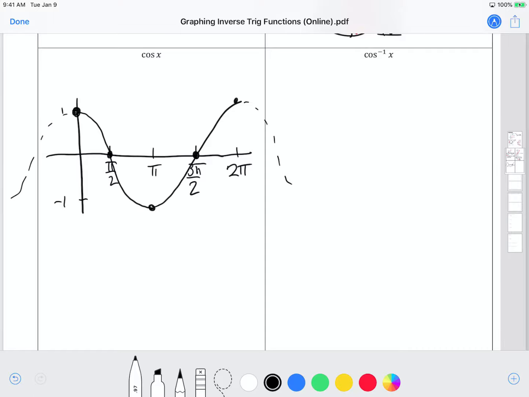Okay, for cosine, we restrict the domain to make it a one-to-one function so that it's from 0 to pi. We're keeping this piece and we're getting rid of everything else. So the restricted domain is going to be from 0 to pi.